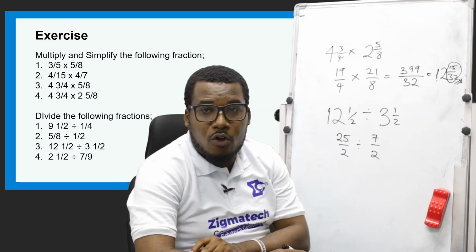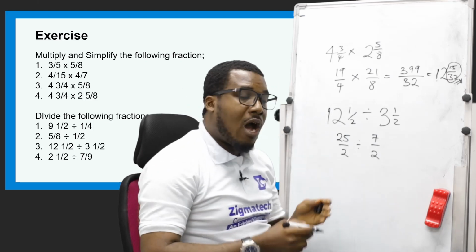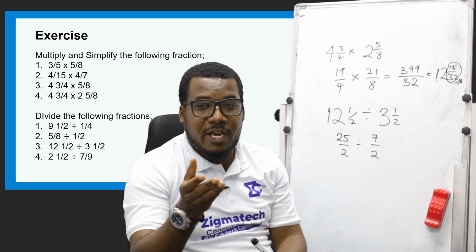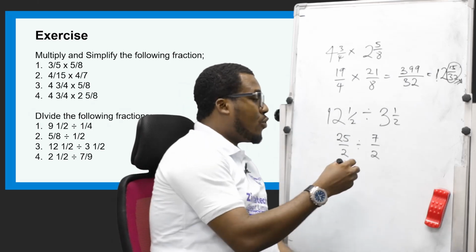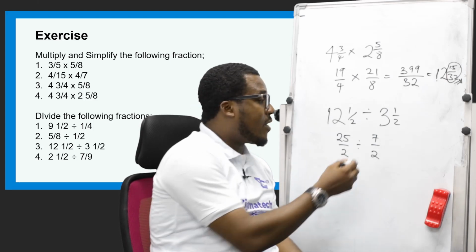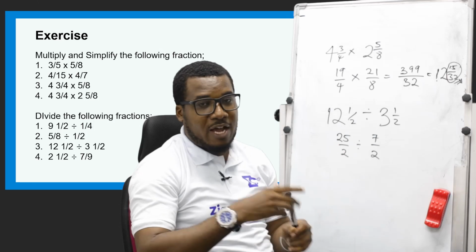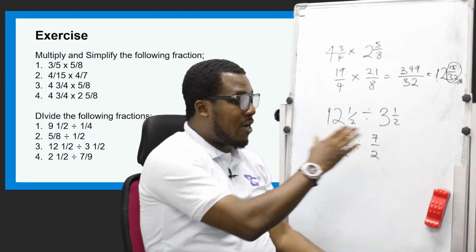So we're having 25 over 2 divided by 7 over 2. Our logic earlier on said when we have division in fraction, we choose a particular fraction, which I actually encourage to be the right hand or the extreme, the right extreme fraction, the one at the right.